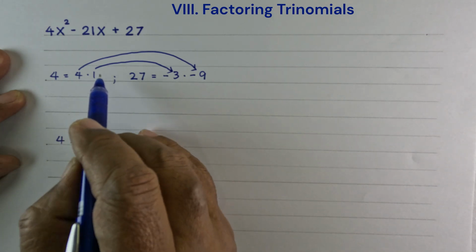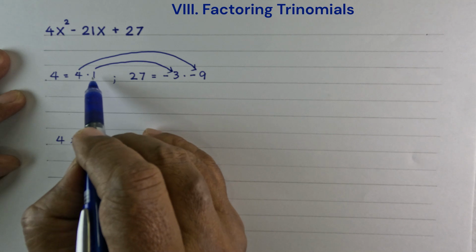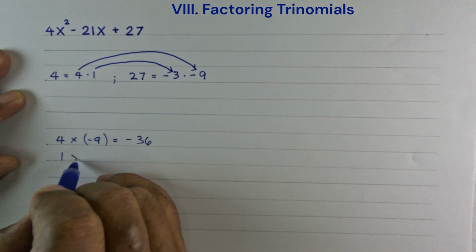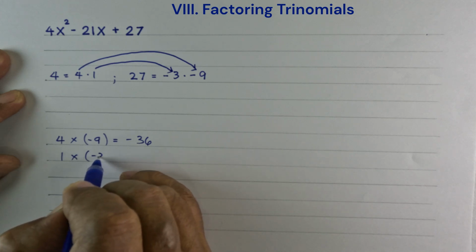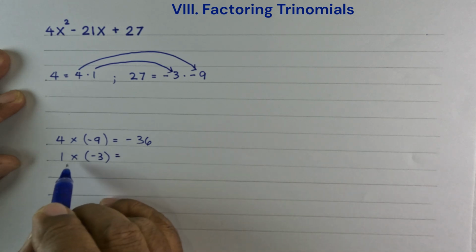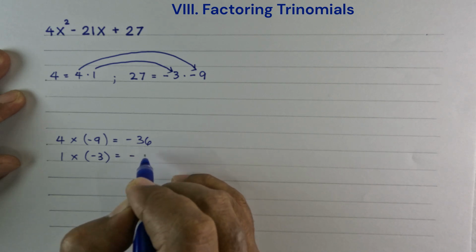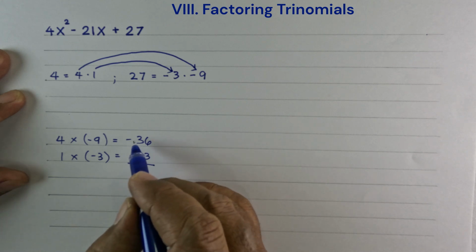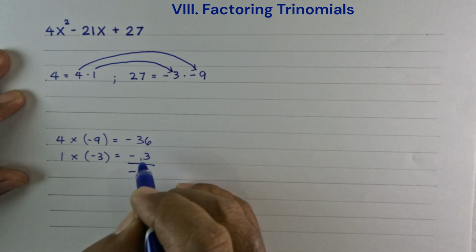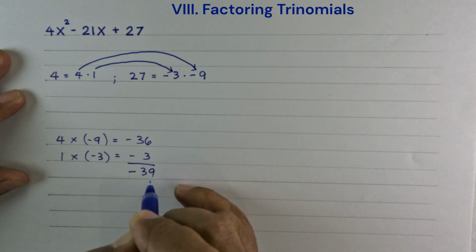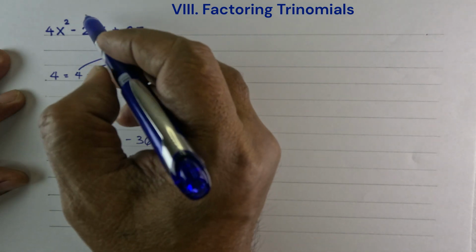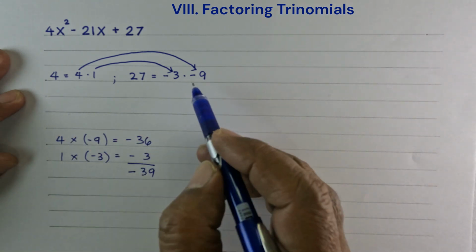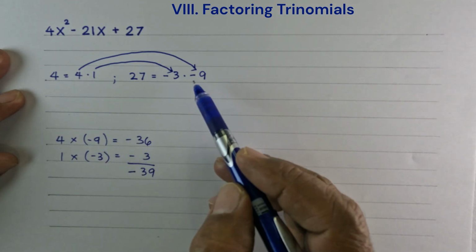And the inner factors, 1 times negative 3. That's equal to negative 3. So let's get the sum. That's negative 39. But we are looking for negative 21. Therefore, this is not the correct combination.